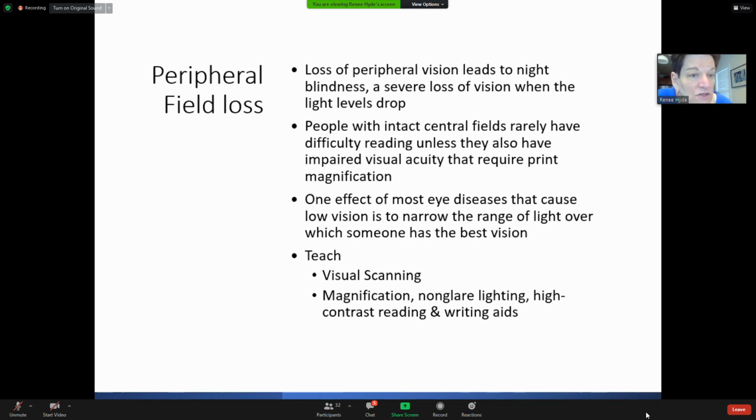Typically with patients with peripheral field loss, we want to have high contrast reading and writing aids. White paper, large print, dark font, okay? One of the things I will tell you is this: if you are doing handouts for elderly people or people with low vision, I don't care if it is pretty.